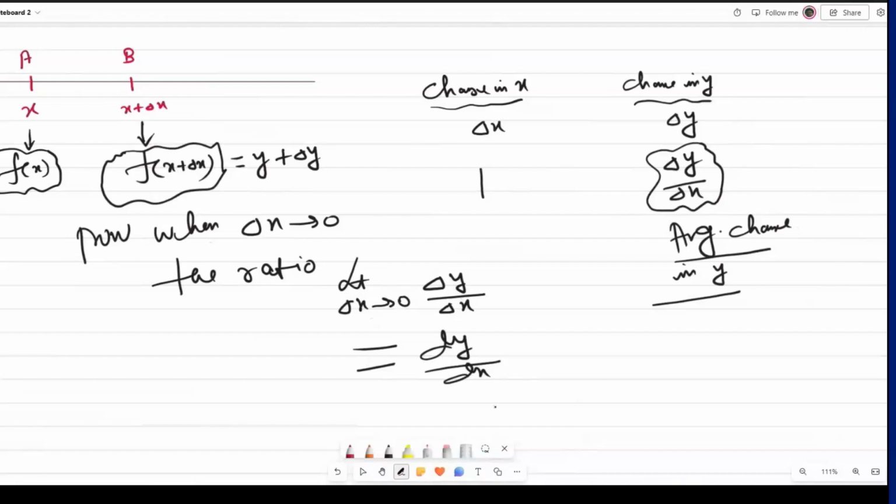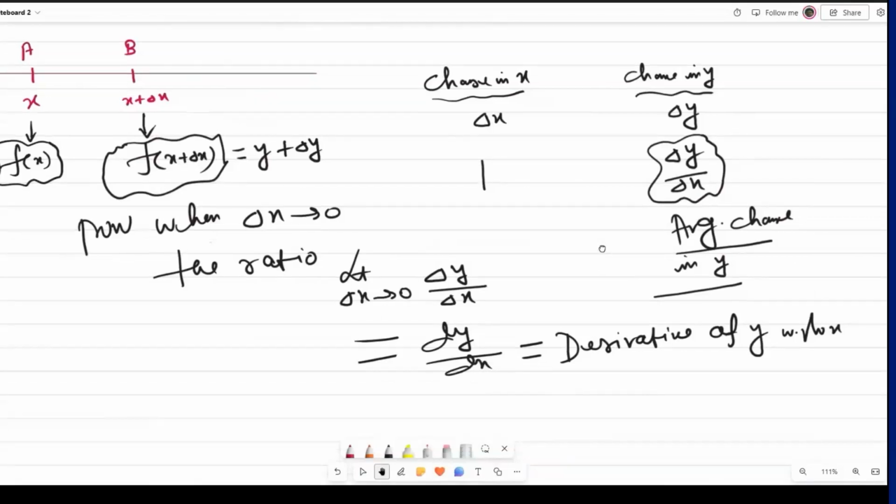This is called instantaneous. Or we say that this is the derivative of y with respect to x. This instantaneous change is called the derivative of y with respect to x.